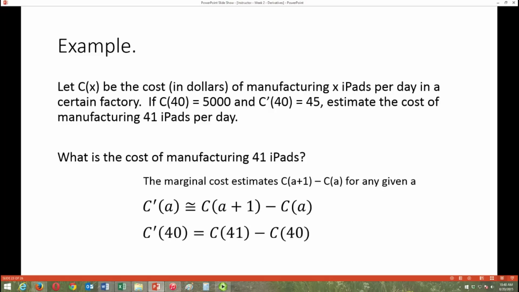We already know the cost to produce 40 iPads is $5,000, and the marginal cost at 40, or the cost to produce the 41st iPad, is $45. By plugging in for C prime of 40 and C of 40, we get 45 equals C of 41 minus 5,000. This tells us the cost to produce 41 iPads, C of 41, is $5,045.